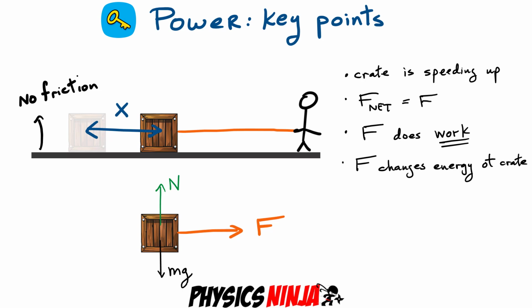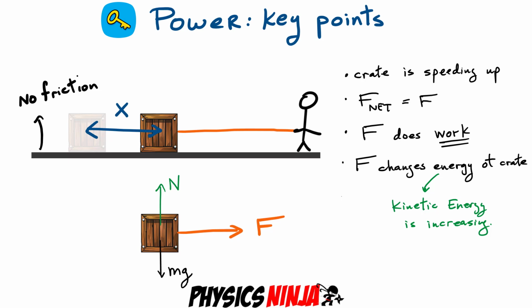It was, say, initially at rest, and now it's going to be accelerating, so it's going to speed up over that certain distance. And the energy that we're talking about in this case is the kinetic energy, because we're only looking at motion along that horizontal axis. In this case, it's clearly the kinetic energy that is speeding up.